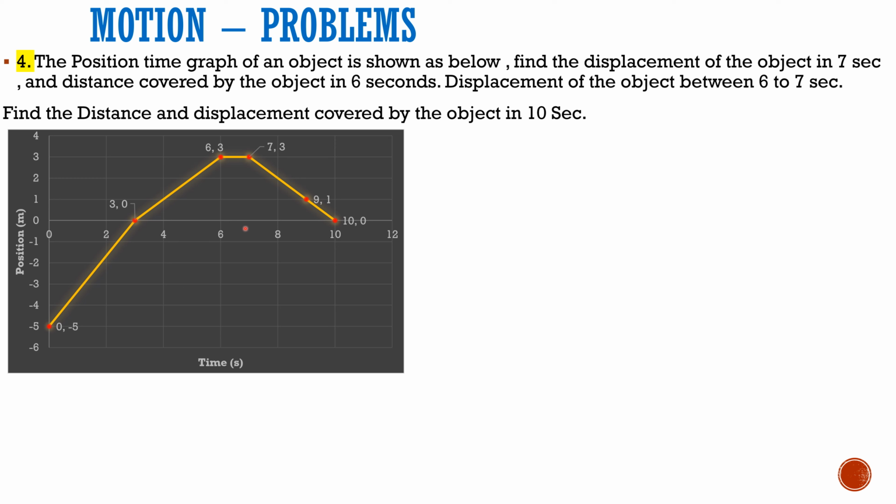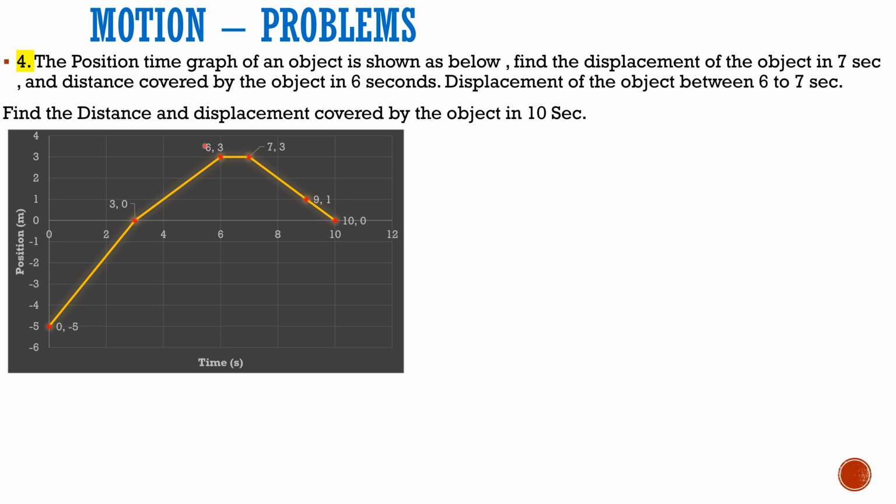Whereas in case of displacement, it is basically the final point and the initial point. So if we are asked to find the displacement between time t equal to 6 and the starting point t equal to 0, it will be the final position, which is 3, and the initial position, -5.